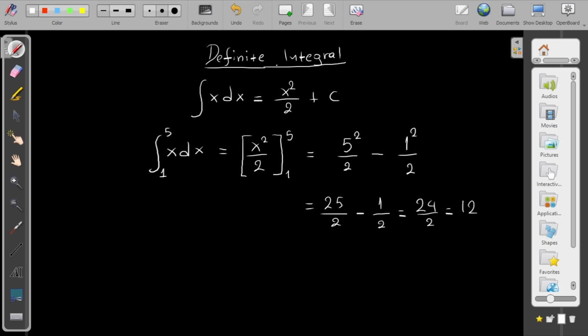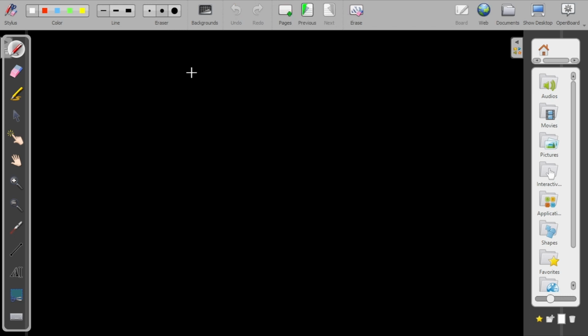Generally it's easy. We can see some more problems. Let's see, for example, this one: 8x to the power of 3 dx from 0 up to 4. Now let me put here a negative value, from minus 2 up to 4. Again, first I calculate the indefinite integral without c of 8x cubed.